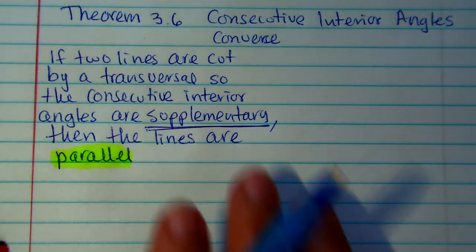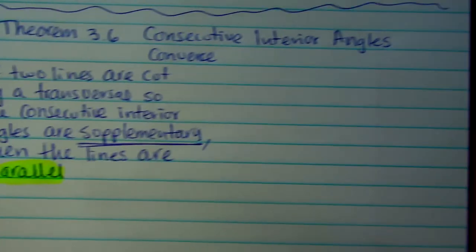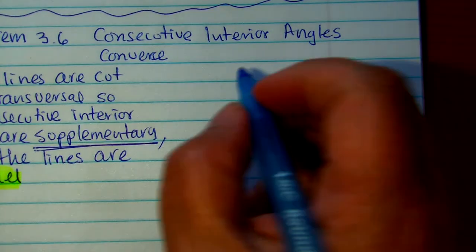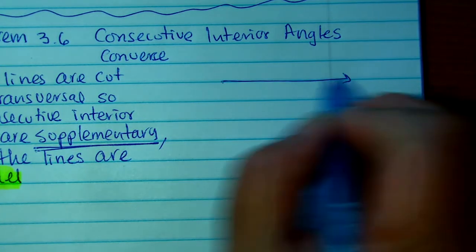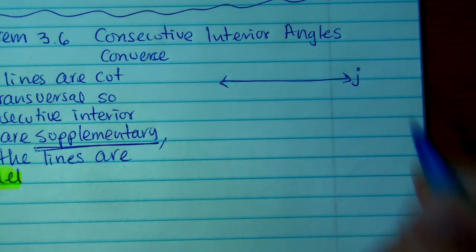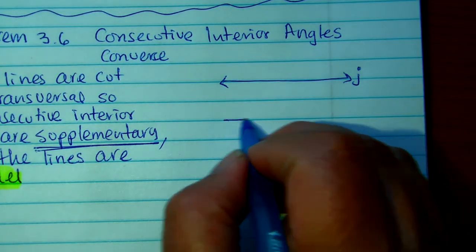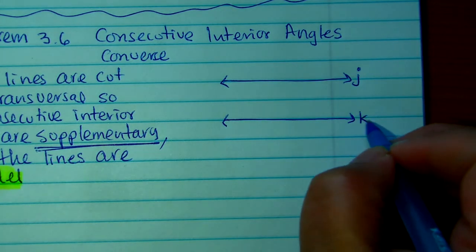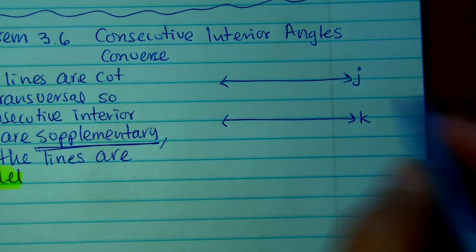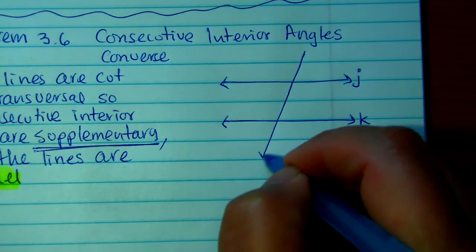All right. And then let's draw our system. We have line J and line K. This is the transversal.